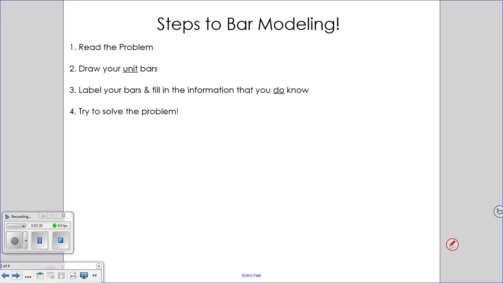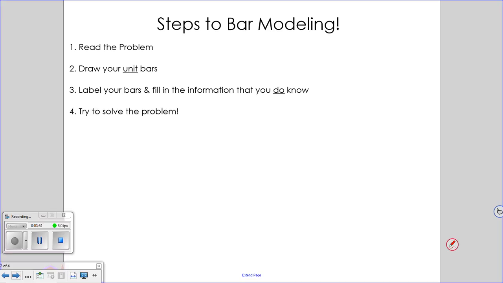Number 2, draw the unit bars. Doesn't that sound very similar to our other step for solving a word problem? Step 2 in solving any old word problem is just to know the unit. Now we're going to draw unit bars.